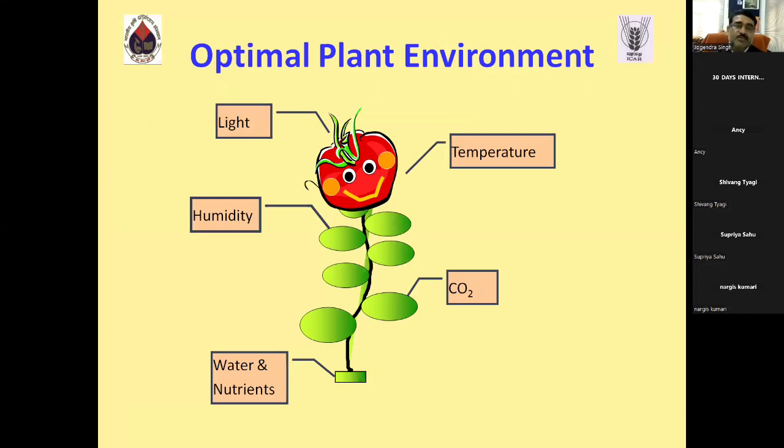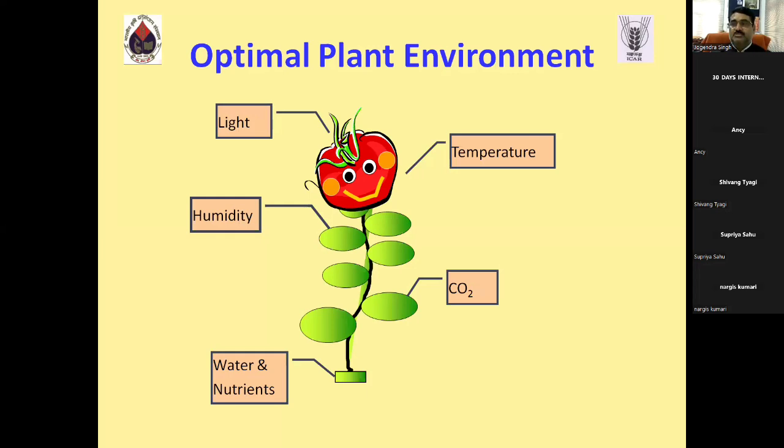These are the components: light, temperature, CO2, humidity, water and nutrient. After we start cultivation and the package of practices begins, the crop needs light, temperature, humidity, CO2, water and nutrient. These 5 components are most important for protected cultivation crop production.